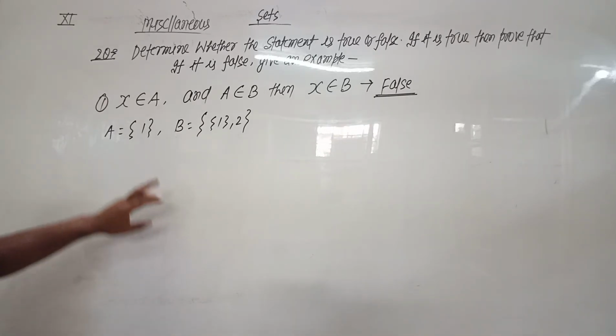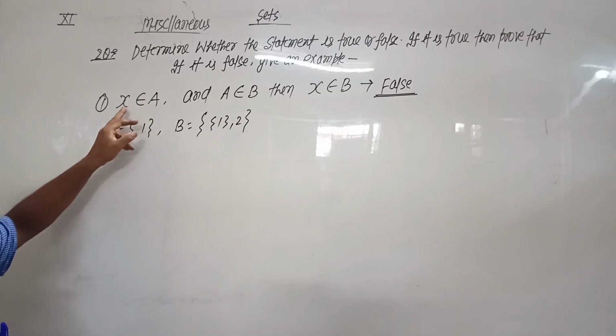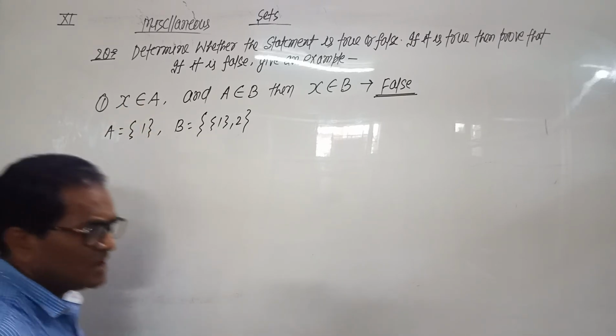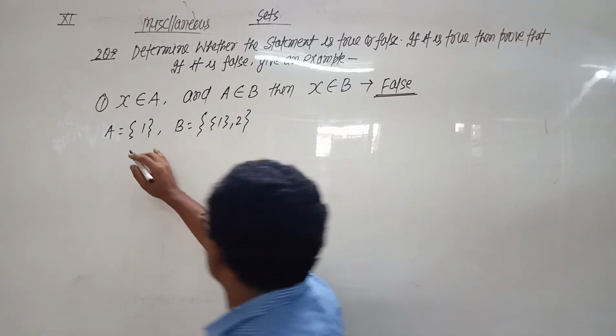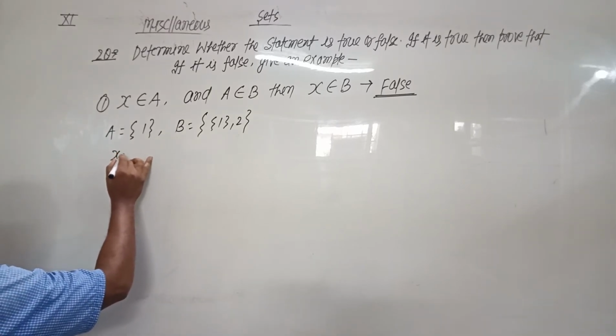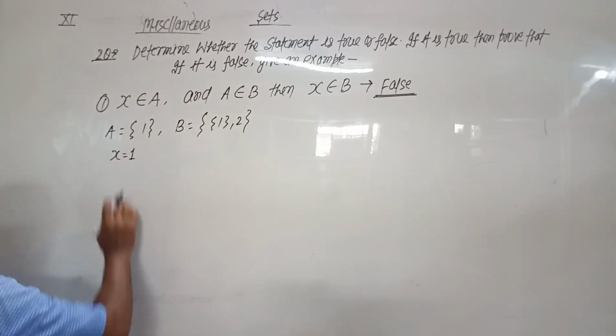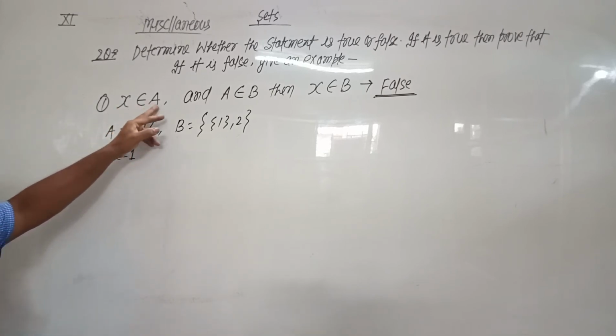Then let us see: x belongs to A. x means element, so here we take x equals to 1.